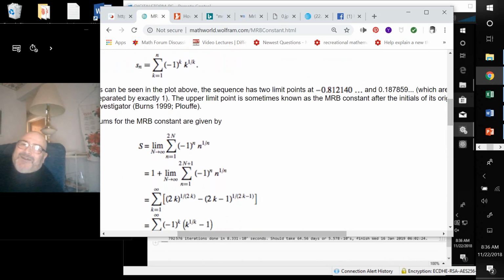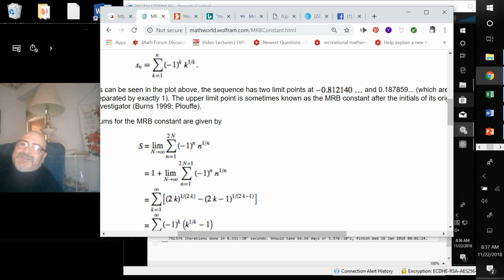Okay. Now, since the limit of n to the 1 over n as n goes to infinity is 1, as I tried to describe before, the limit as capital N goes to infinity of -1 to the power of n times n to the 1 over n from n equals 1 to 2 times capital N plus 1 is 1 less than the limit that goes to 2N.